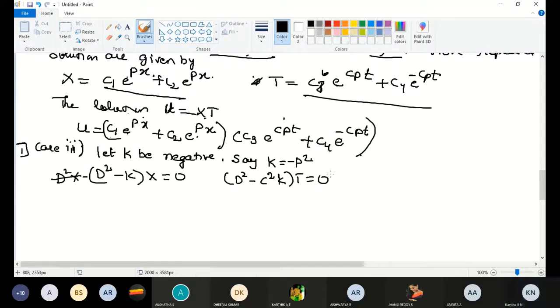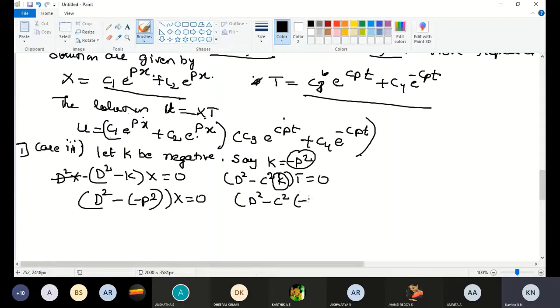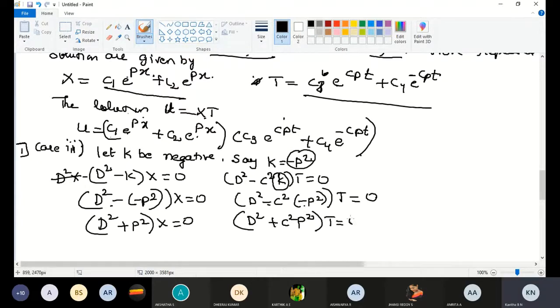Okay, then here we are taking k is equal to minus p square. D square minus k, with minus p square, x is equal to 0. Then D square minus c square, in place of k substitute minus p square, into t is equal to 0. Means D square plus p square x is equal to 0, and D square plus c square p square t is equal to 0.